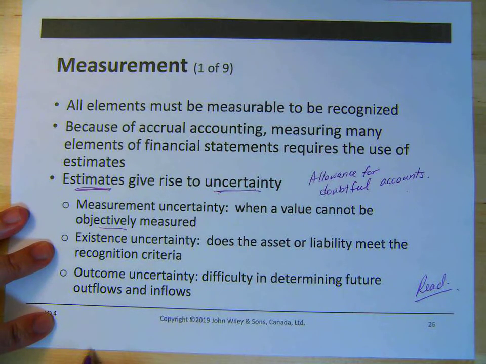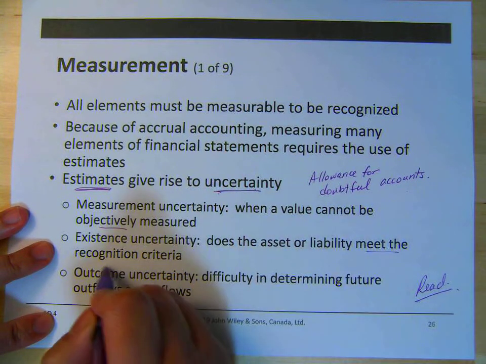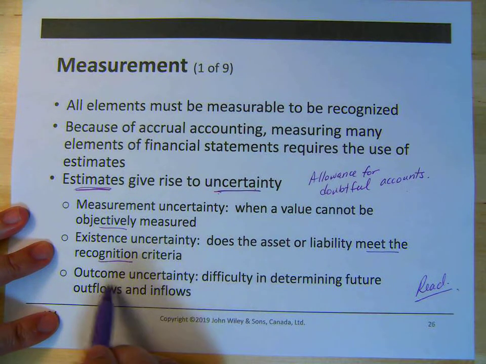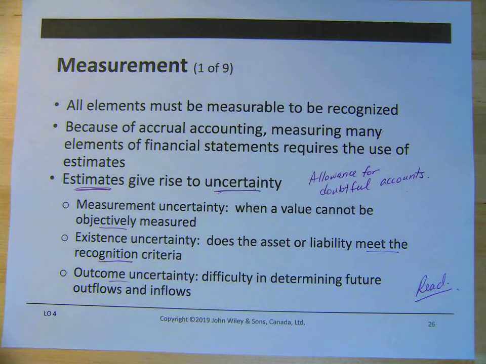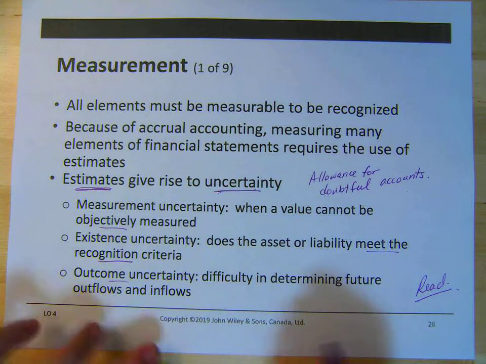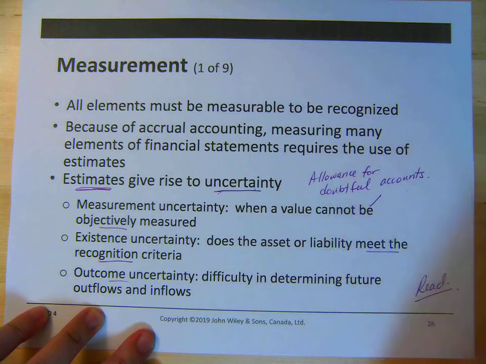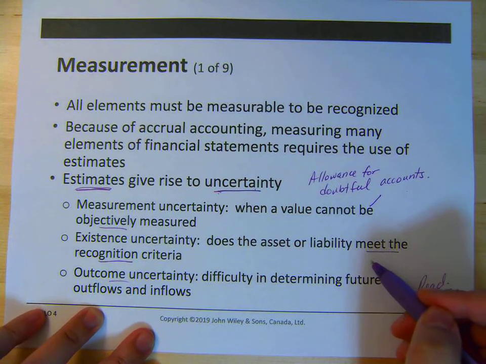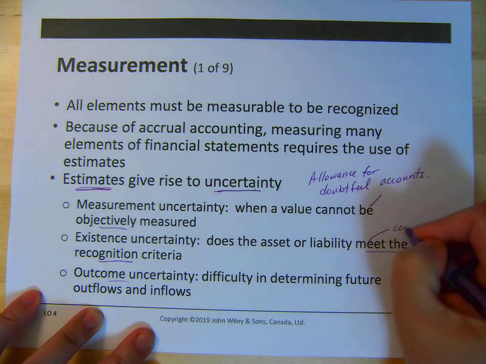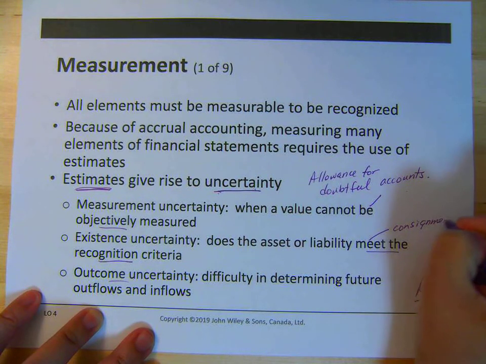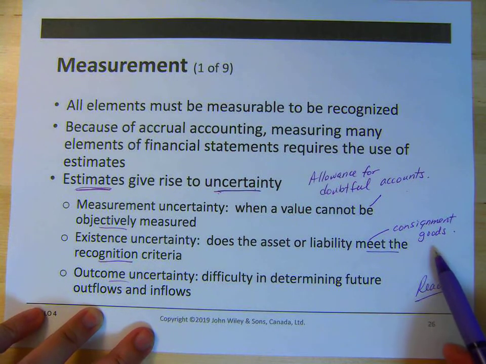Existence uncertainty, does it meet the recognition criteria? And outcome uncertainty, determining future outflows and inflows. So, this would be allowance for doubtful accounts. This would be consignment goods. Should we have the assets on our books?